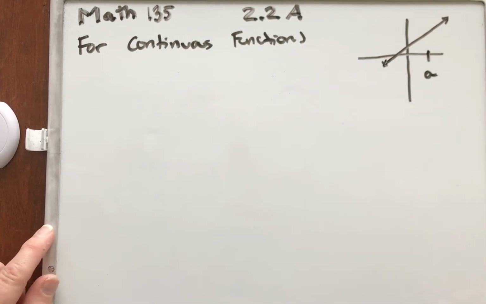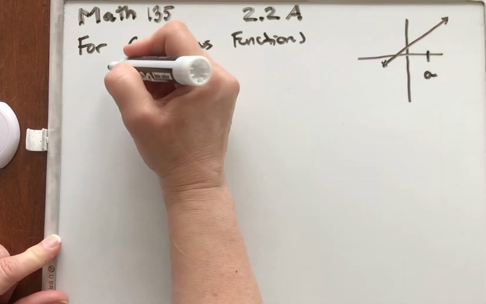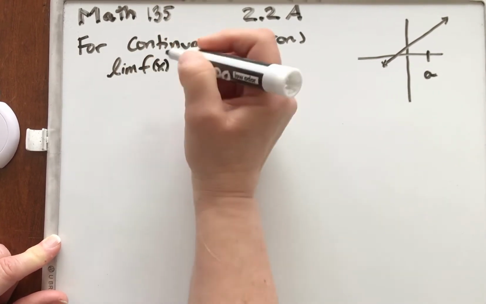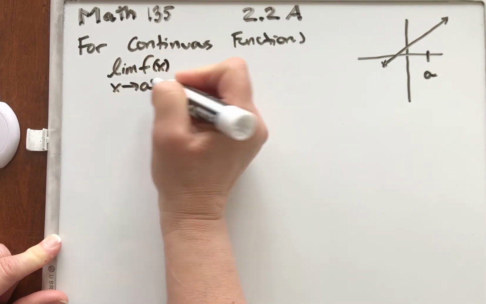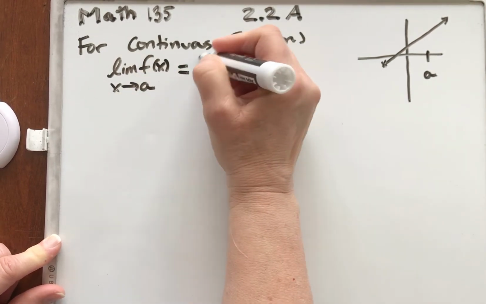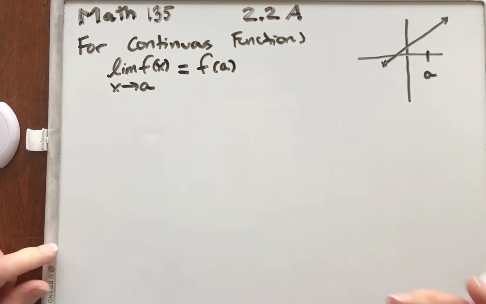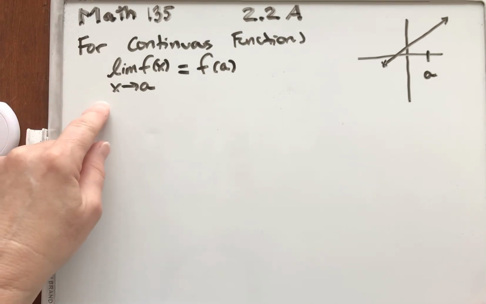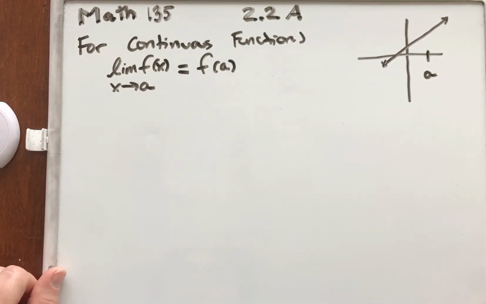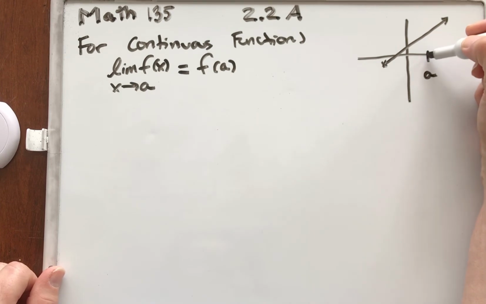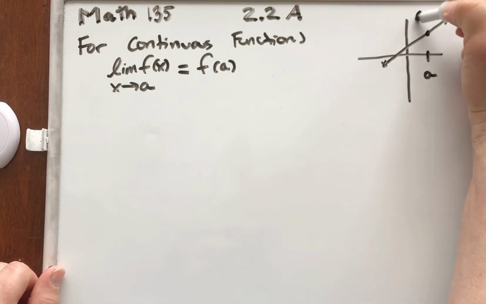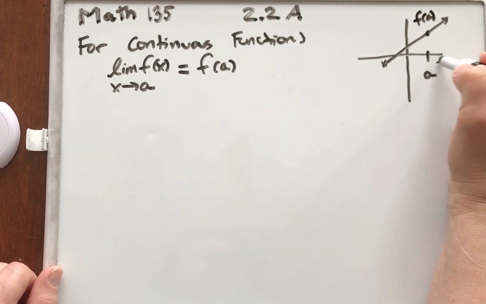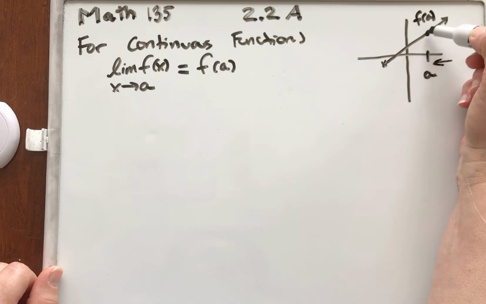So for continuous functions, the limit of f of x as x approaches A is f of A. For example, this is A. This right here is f of A. If we approach A from the right, this graph comes to this point.